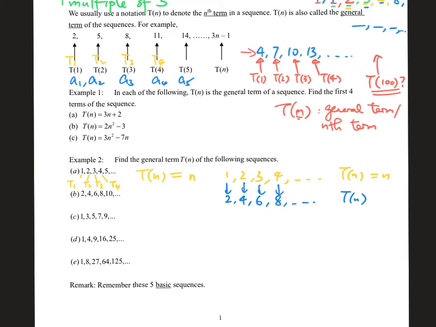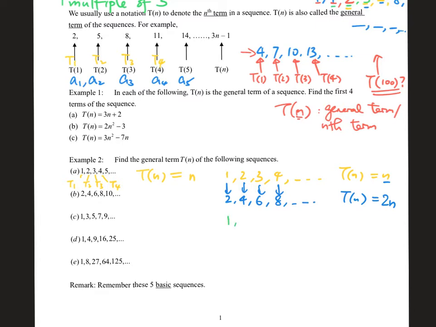Can you see that in order to proceed to the sequence in part B, you're just times 2 to each term in the sequence. So for the general term it's also times 2, which gives you 2 times n, that means 2n. Now it comes to your general term of the sequence of consecutive positive even integers.